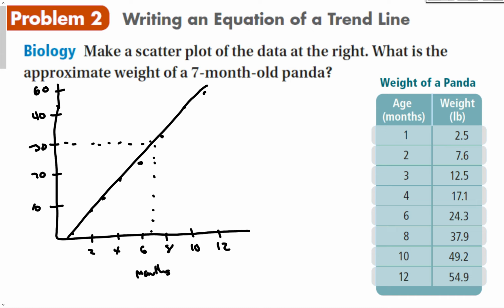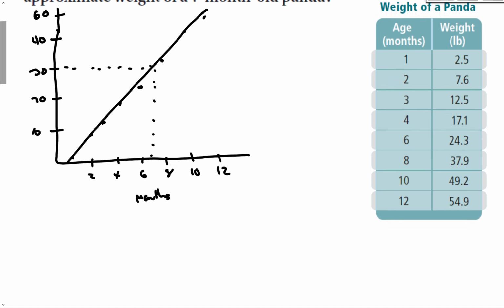Let's make the equation of the line so we can actually calculate this. Okay, so to find the equation of the line, I'm going to need the y-intercept, which I don't have, or 2 points.